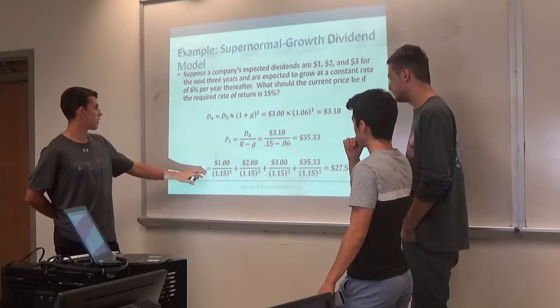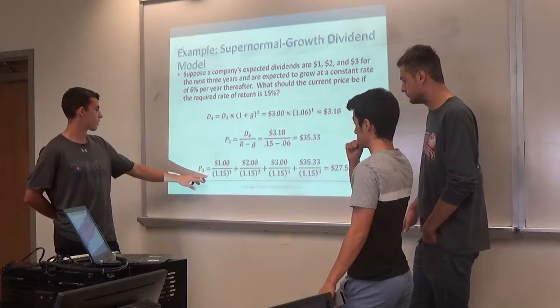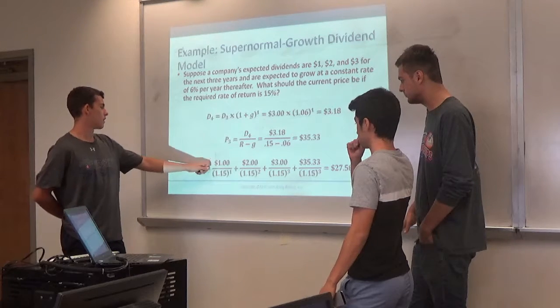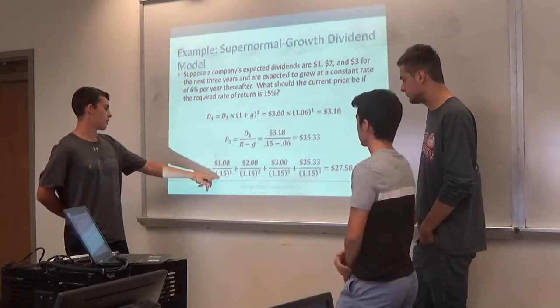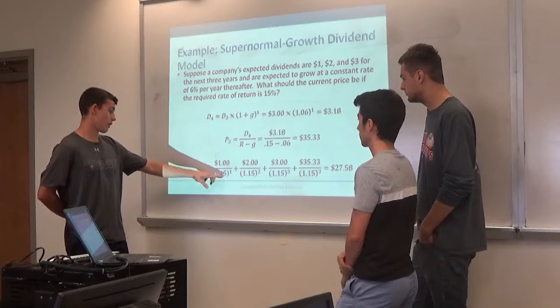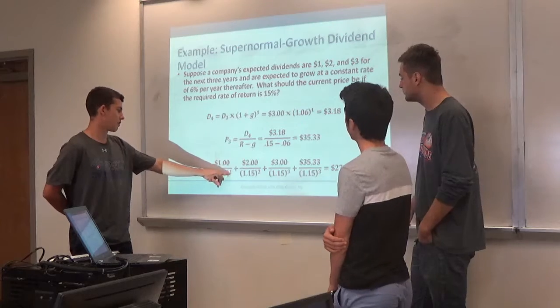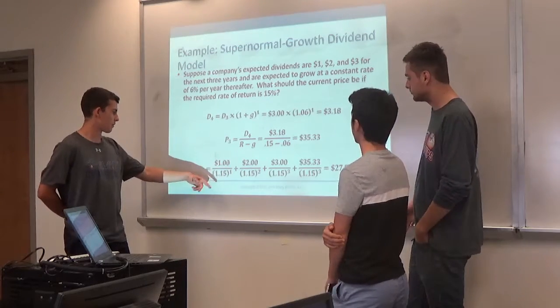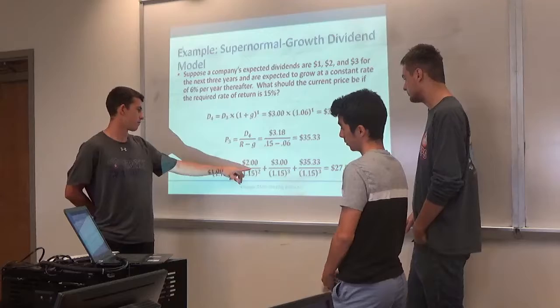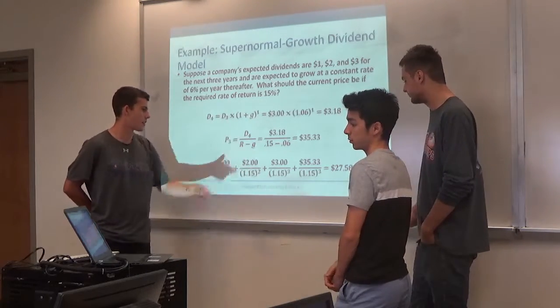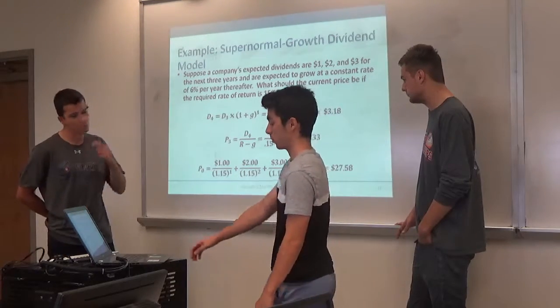And then this present value is equal to the dividends of each year over 1 plus the rate of return to the power of each year, so $1 over 1.15 to the power of 1, and then $2, which is the dividend of the second year, and so on, giving you a value of 27.58.